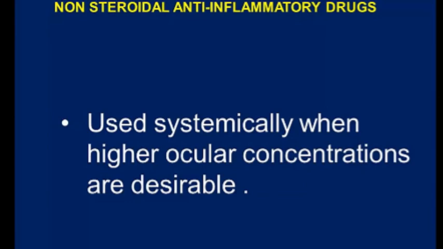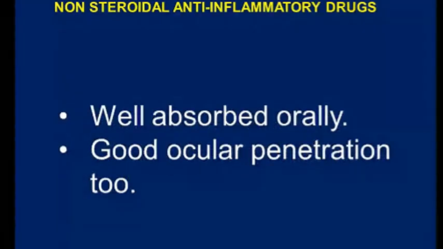So NSAIDs can be used systemically when high ocular concentrations are desirable. So when the inflammation is very severe and the topical mode is not resolving it as you want, you can go systemic too. It is also well absorbed orally, just like our steroids, so it has good ocular penetration too.